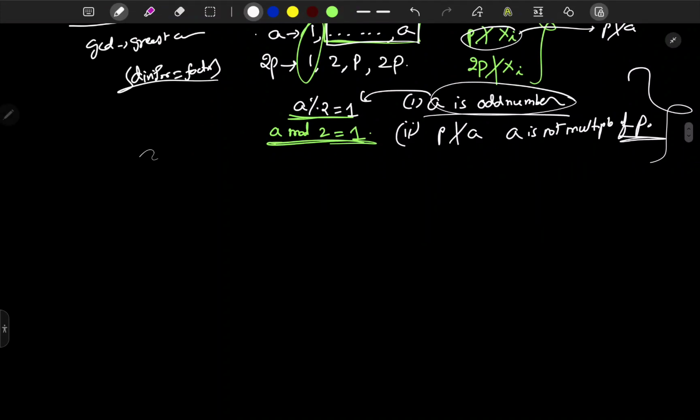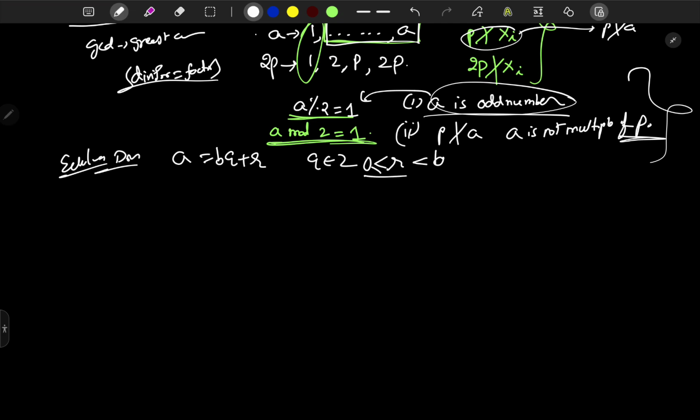Now this is the Euclidean division algorithm: a equals bq plus r, where q belongs to Z and r satisfies 0 ≤ r < b. I can write q as floor of a by b.